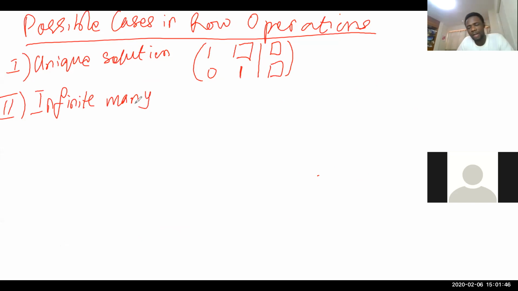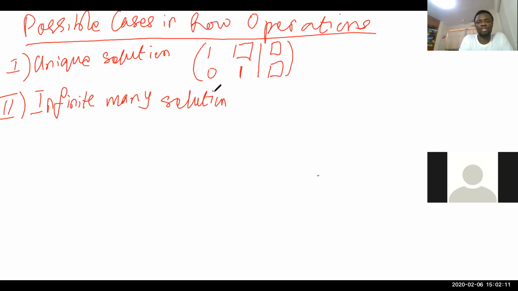Overlap. Karen said overlap. When you say overlap, Karen, there is a word for it. We'll get to that in a bit. So you have infinitely many solutions when the equations are all more or less the same, right? They are equivalent to each other.